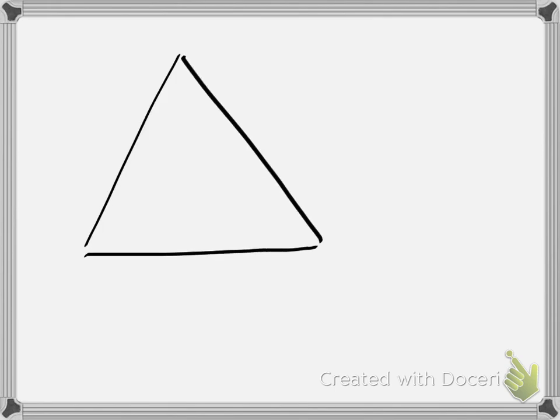Think back with me. Here's our equilateral triangle again. You don't have to redraw it. I was just out of room. If all three of these angles are equal, then how much do they equal? How much is one angle? Well, you might remember that all three angles of the triangle equal 180.